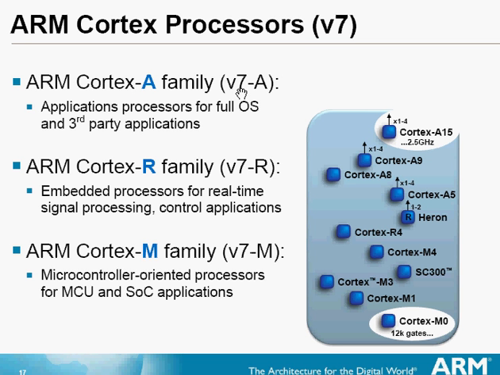Then the third family is the ARM Cortex-M family, V7M. This is the microcontroller oriented processor for MCU and SoC applications. This Cortex has three versions, A, R and M. Depending on the usage, that core can be used.